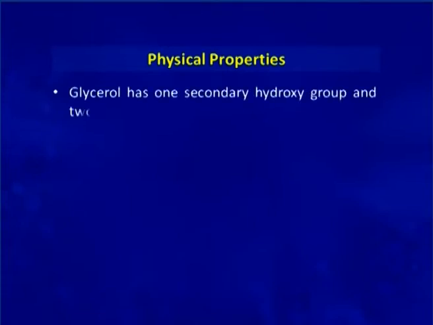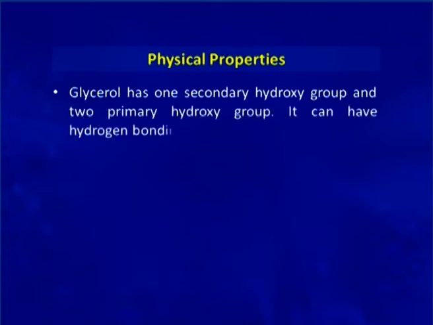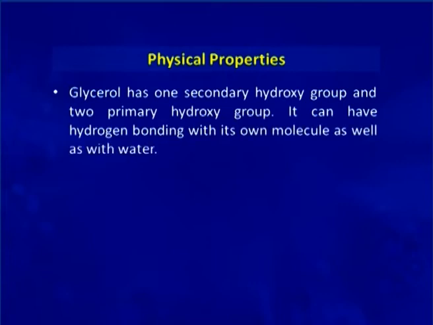We will now discuss the physical properties of glycerol. As you can see, glycerol has one secondary hydroxy group and 2 primary hydroxy groups, and that is why it can have hydrogen bonding with its own molecules as well as with water.